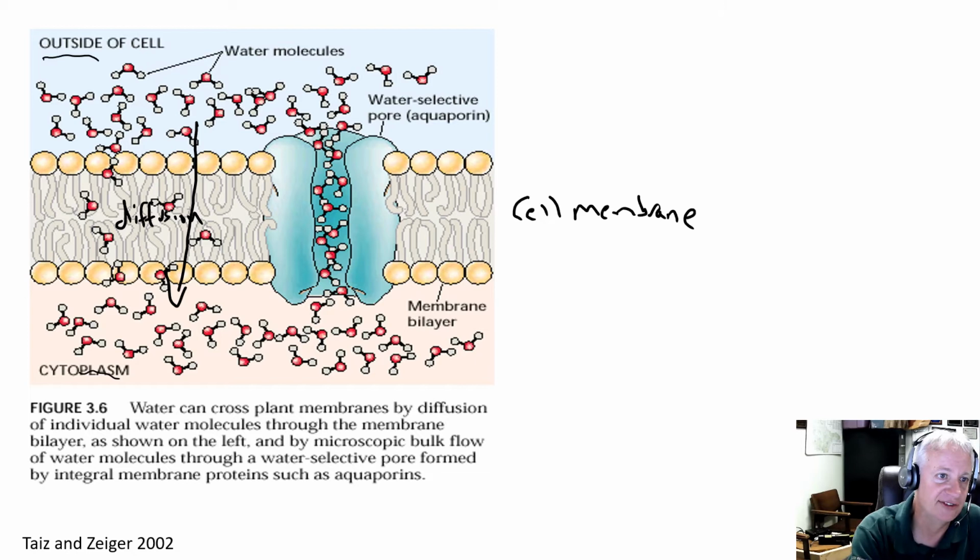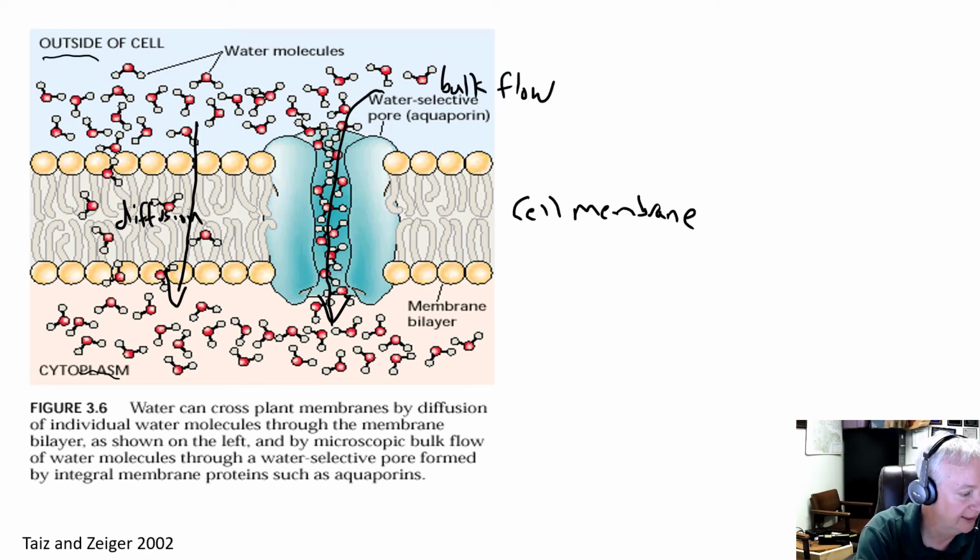But water can also move by bulk flow through an aquaporin. And an aquaporin is just a protein embedded in the cell membrane that can open and act as a channel through which bulk flow can occur.